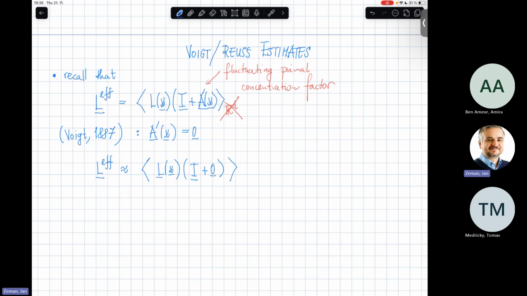So if I just do the algebra, the only thing which I need to do is to average the material properties. And this is precisely what I will call L with the subscript V. And this V is because of Mr. Voigt.